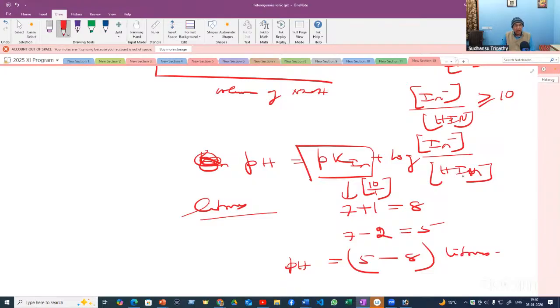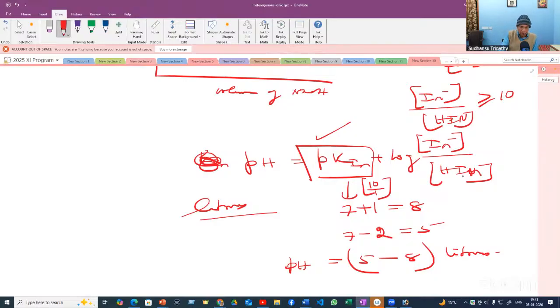Similarly, phenolphthalein has a range in the basic region. Phenolphthalein is the only simple indicator. Its sister is thymolphthalein, but usually phenolphthalein is taught at the plus 2 level. It has a color change range falling in the basic region. Methyl orange and methyl red have their range in the acidic region. That depends on the respective pKIn values, which are fixed. And of course, taking 10 by 1 and 1 by 100, you get a range.